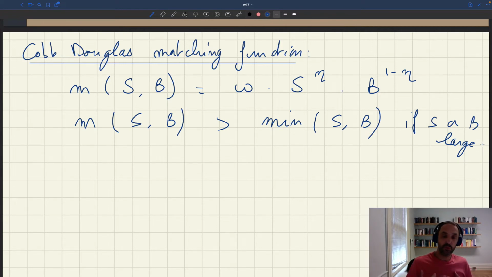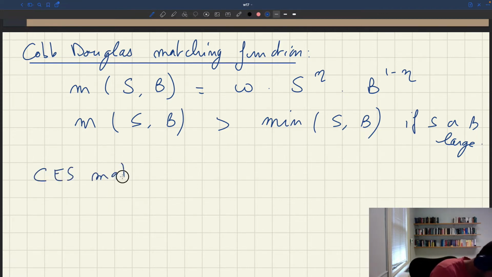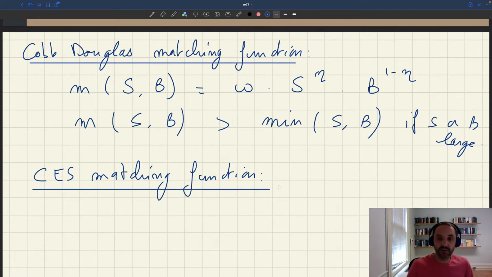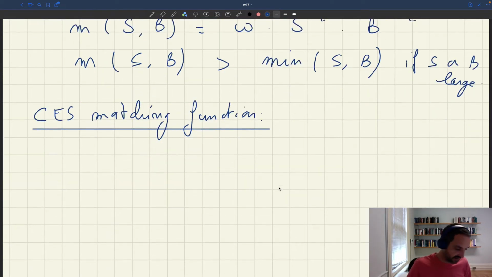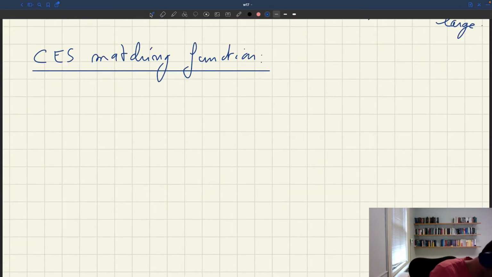And so instead, when you work with a discrete time model and you want to make sure that the matching function is less than the minimum of S and B, then you're going to use a CES matching function, a matching function with constant elasticity of substitution. So what is the CES matching function? It takes this form.